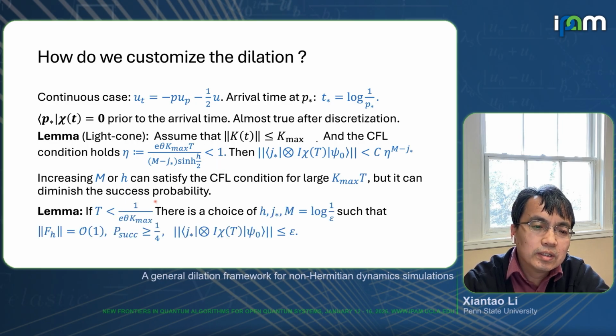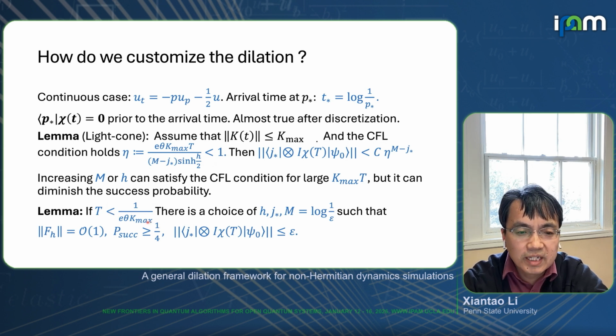Okay, so I'm going to pick the T here to be less than 1 over K max, roughly speaking. The theta here is 2. And then you can make sure that this ratio is less than 1, and then you can pick M to be log of 1 over epsilon. Again, M is the dimension of the ancilla, and log of M is the number of ancilla qubits.